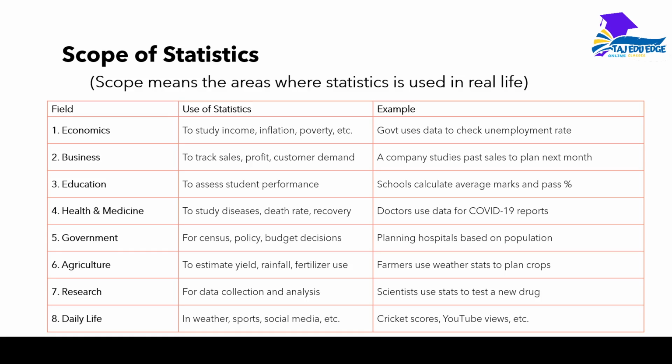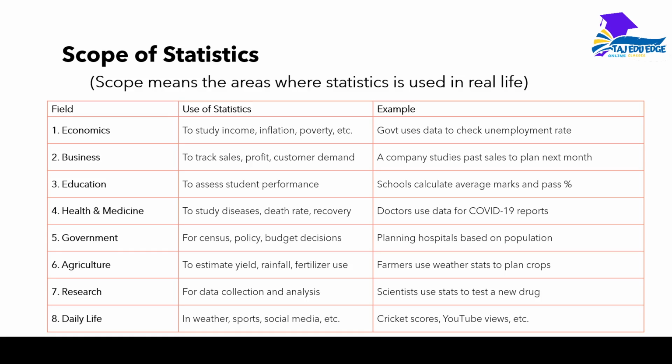So we apply statistics in different fields like economics, business, education, health and medicine, government, agriculture, research, and in daily life also. In my previous video, I have already explained the importance of statistics, but when they ask you in the examination about the scope of statistics, it's necessary that we properly explain it. So let's understand each of these one by one.